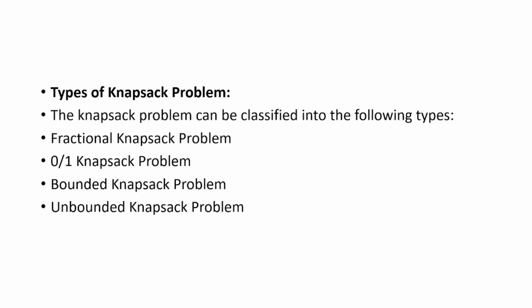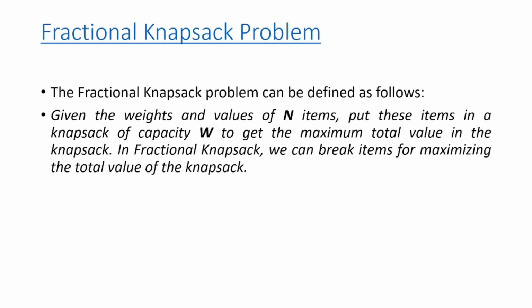Here we are going to discuss four different types of knapsack problem. The first one is the fractional knapsack problem, then 0/1, bounded knapsack problem, and unbounded knapsack problem. We are going to discuss the fractional knapsack problem. The fractional knapsack problem is where we divide the items based on the capacity and the weight obtained in the bag capacity.